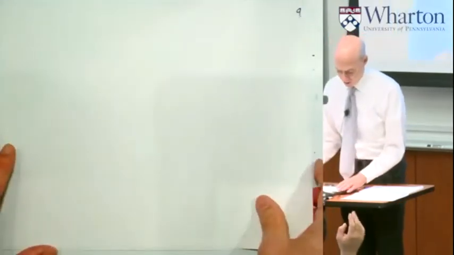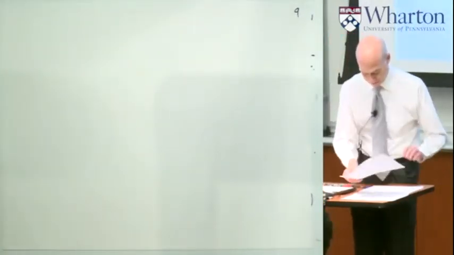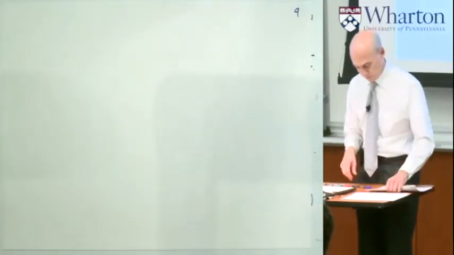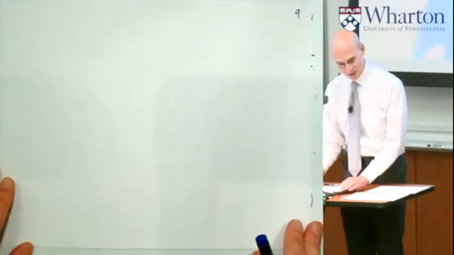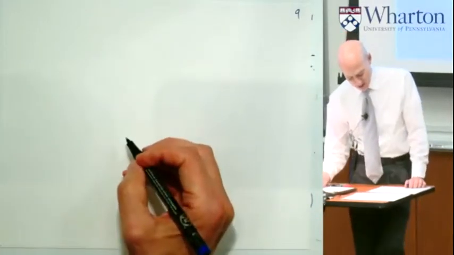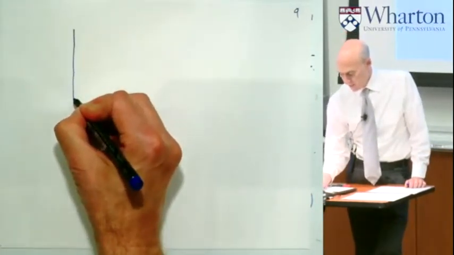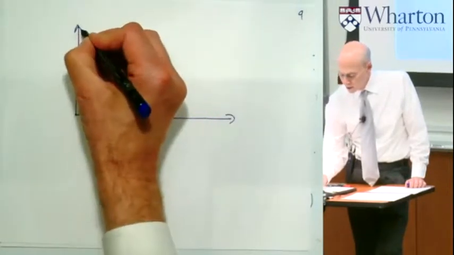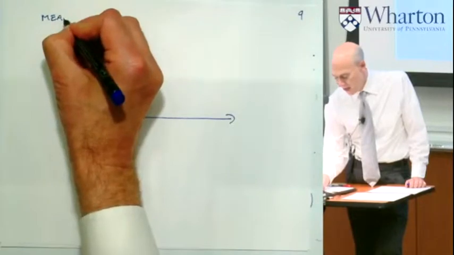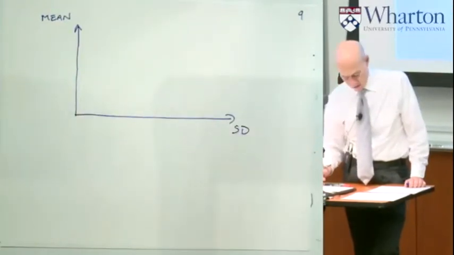So let's just redraw the diagram. We're going to come to that in a minute. Okay, so we'll use some logic here. Let's figure out what's going on. We've got mean, standard deviation.